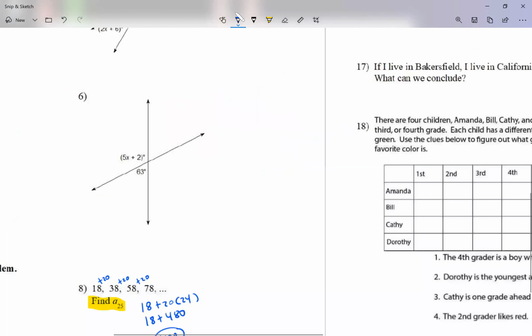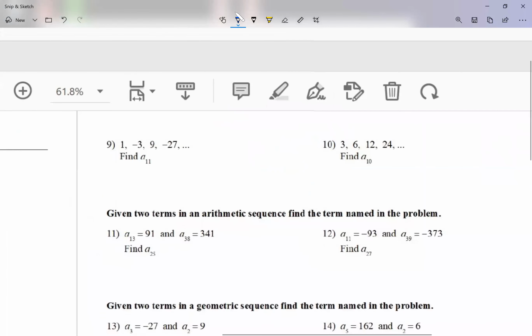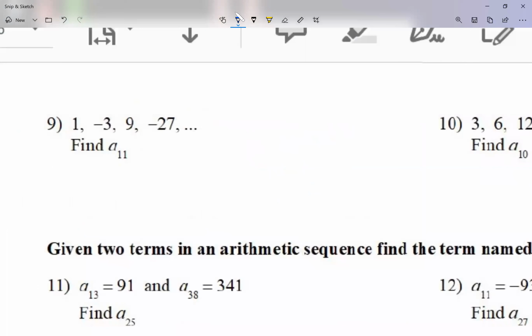I mentioned rain. Let's take a look at question number 9. Inductive might change a little, because we don't always add. Let's take a look. From 1 to negative 3, I will subtract 4, right? 1 minus 4 gives me negative 3. But negative 3 minus 4 does not give me 9. So in this case, adding did not help.